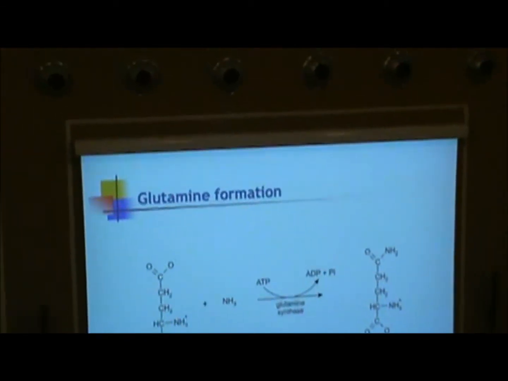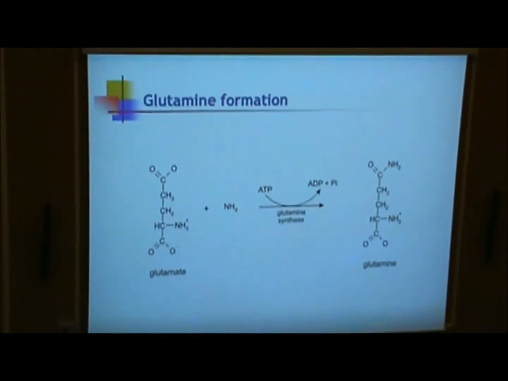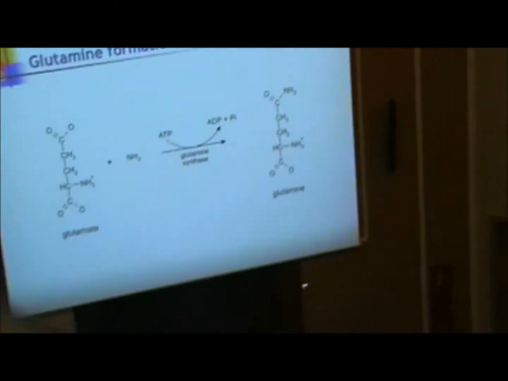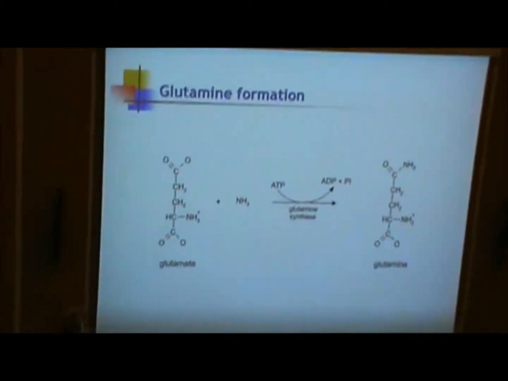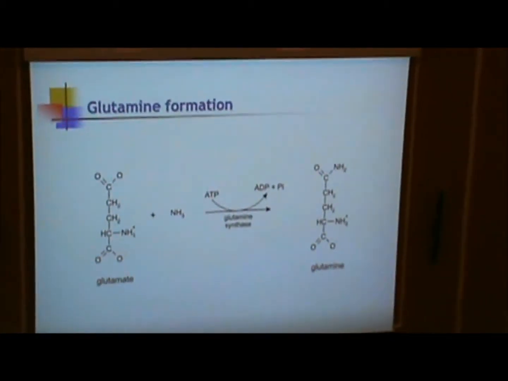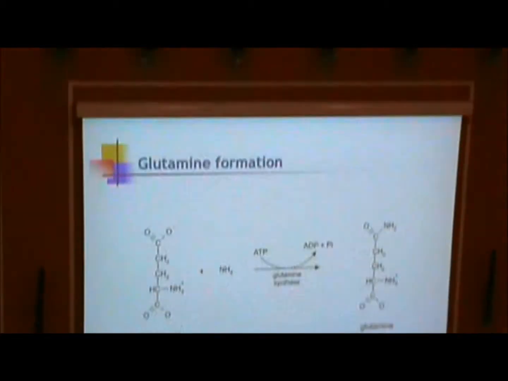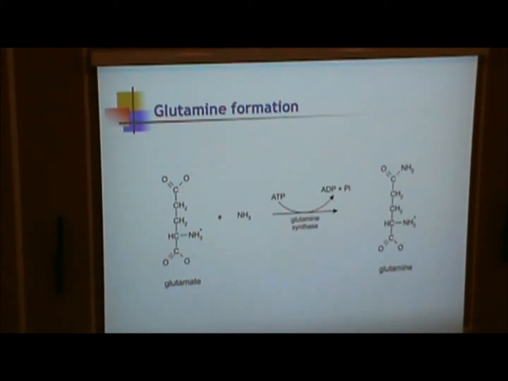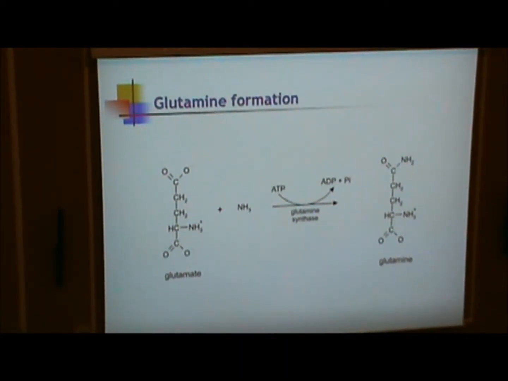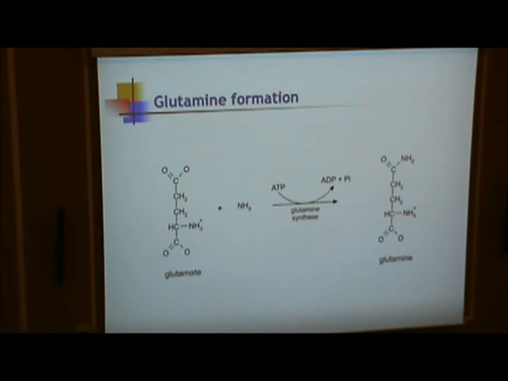Ammonia is toxic, urea is non-toxic. So the urea cycle is the main pathway of ammonia detoxification. But there are some additional pathways of ammonia detoxification.